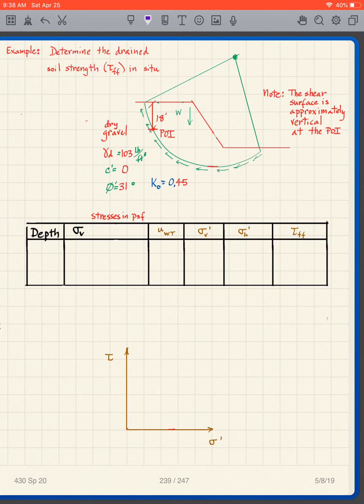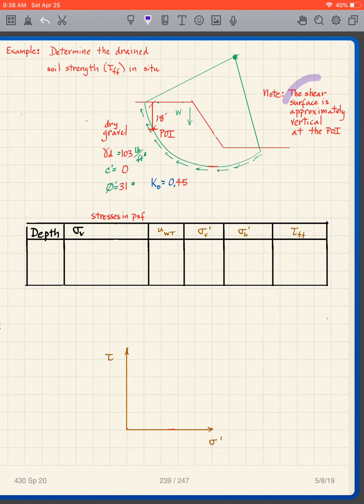Okay, so I want you to work this problem, so you can pause the video. Determine the drained soil strength, tau FF in situ. This is dry gravel, so you don't have to worry about U water table or anything like that. And I want to get it at this point of interest right there. I want you to assume that this failure plane is approximately vertical. And I've given you the K0, so it's going to be similar to the other one.